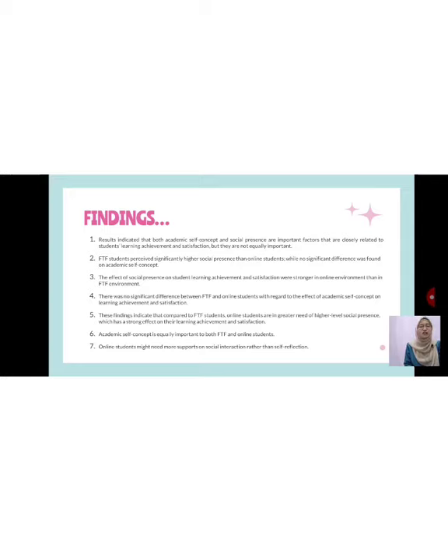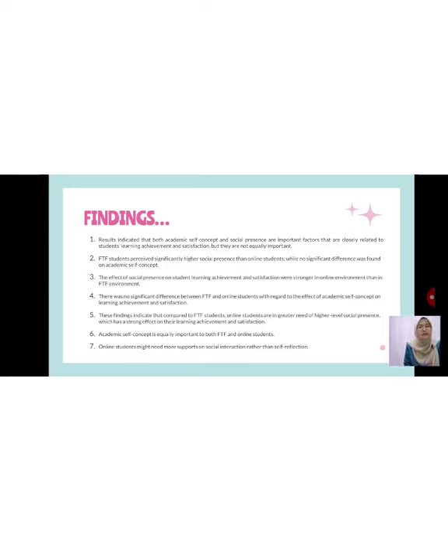Fourth, there is no significant difference between face-to-face and online students with regard to the effect of academic self-concept on learning achievement and satisfaction. This might be because, no matter in a face-to-face or an online environment, students with higher academic self-concept would have higher confidence and be more open to others, so they often have more fun during learning, which leads to higher satisfaction.